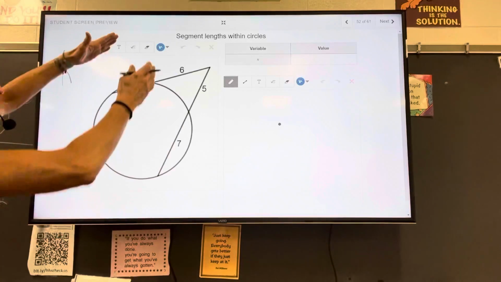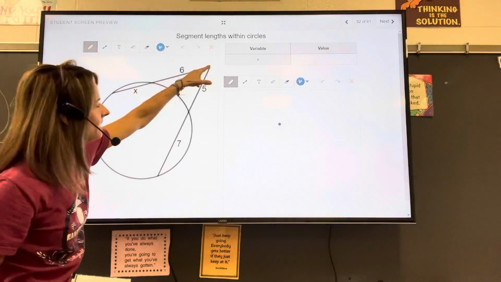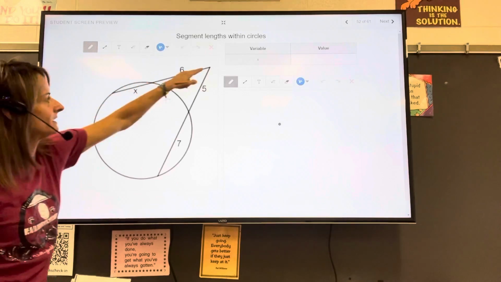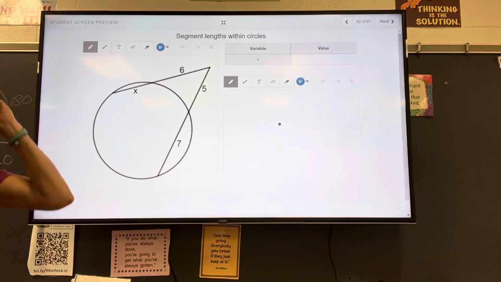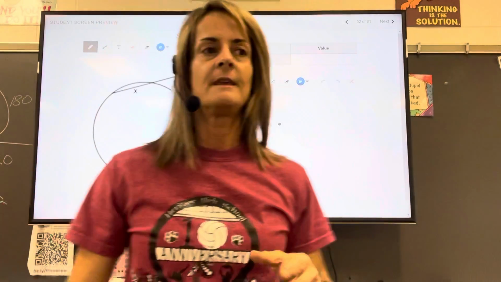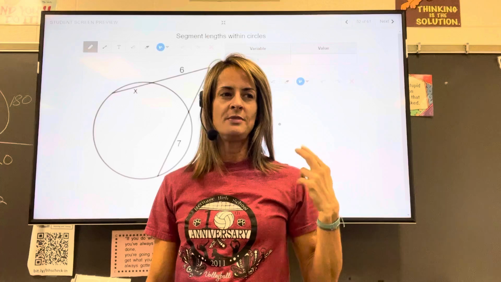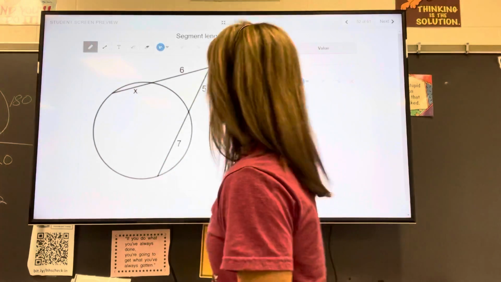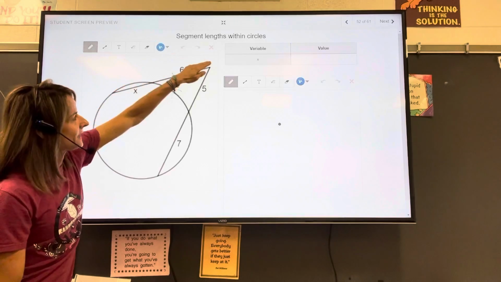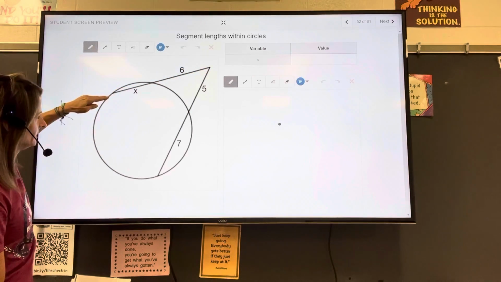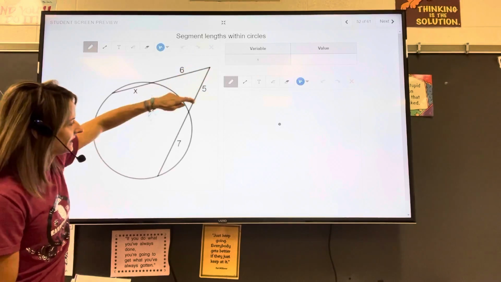This one is given to you as 2 secant lines because these lines cut through the circle, right? Hits it once, hits it twice. This relationship, and this was the last type of problem I did in the video last night, is the hardest one. Not the hardest, but it's the one that most people forget. And it is the exterior segment length times the entire length equals the other exterior length times the entire length.